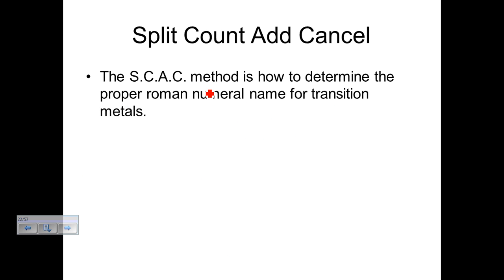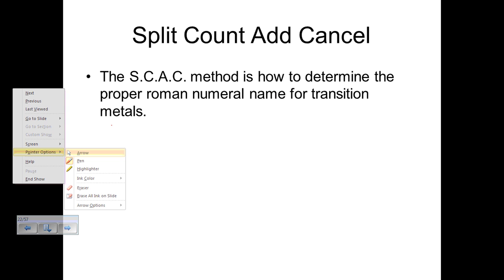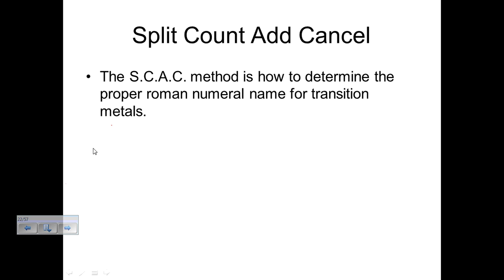Okay? Now here's where the notes comes in. There's something called the split, count, add, cancel. Okay? It's a SCAC method. This is how we're going to determine our proper Roman numeral name for our transition metal. Here are the steps.